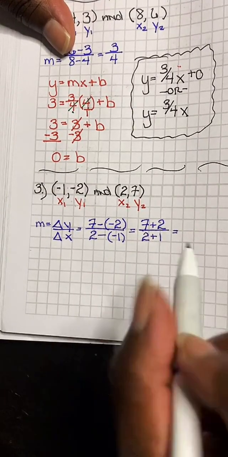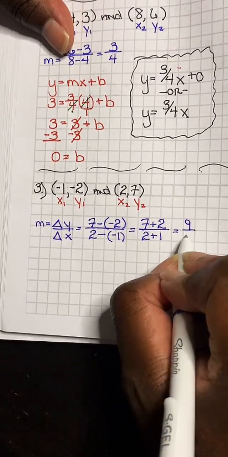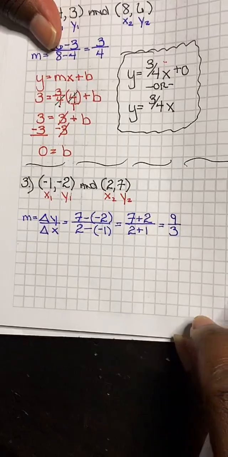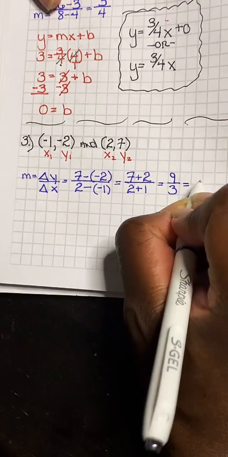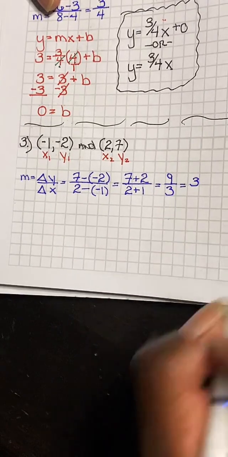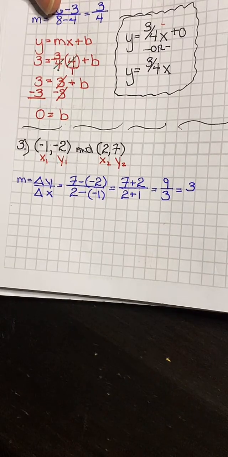So 7 plus 2, that gives us a 9. 2 plus 1 gives me 3. And then 9 divided by 3 will give me 3 over 1, or just 3. So that's my slope.